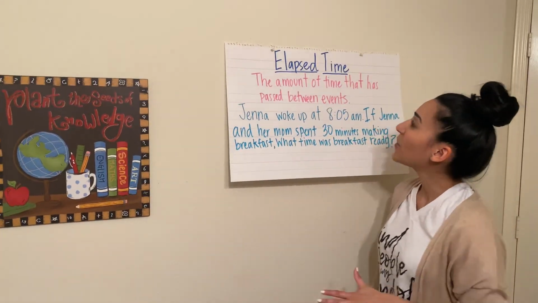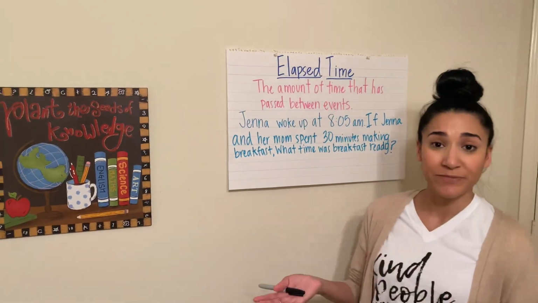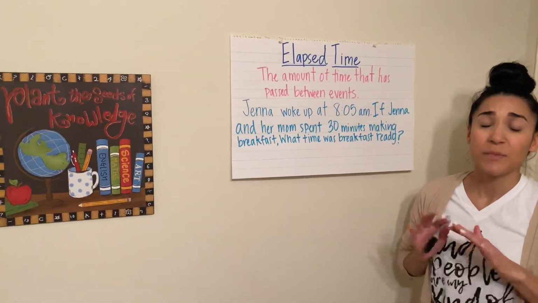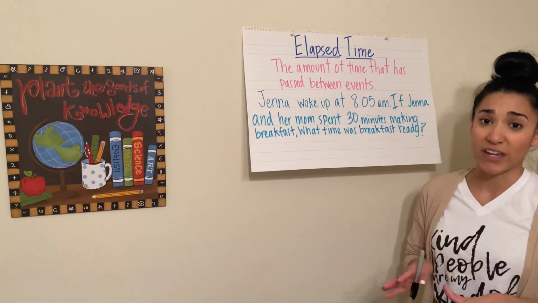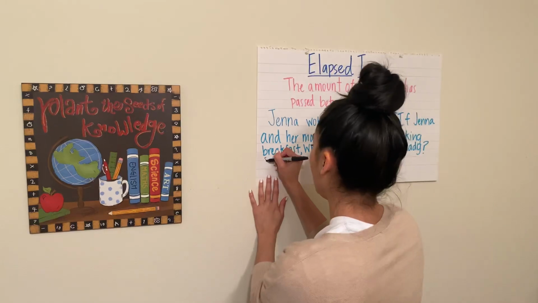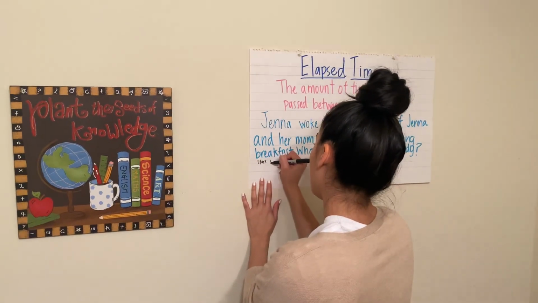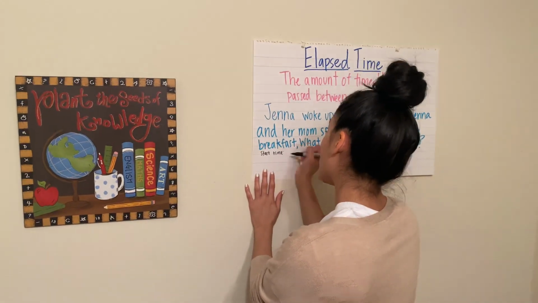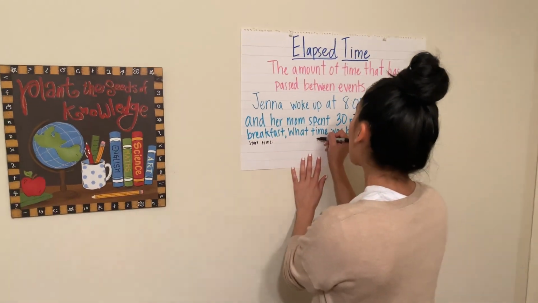Okay, so when I'm trying to figure out what time it is now, I could do a couple of things. But the first thing that I want to start with is a strategy. My first strategy is to know, what is my start time? That's important to know. What is my elapsed time?